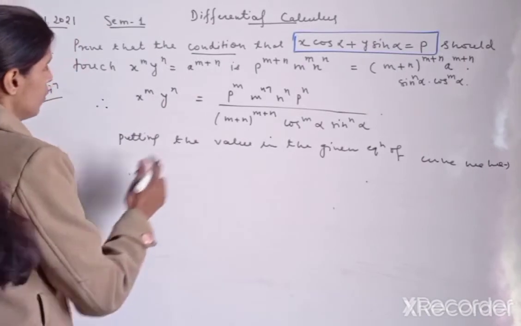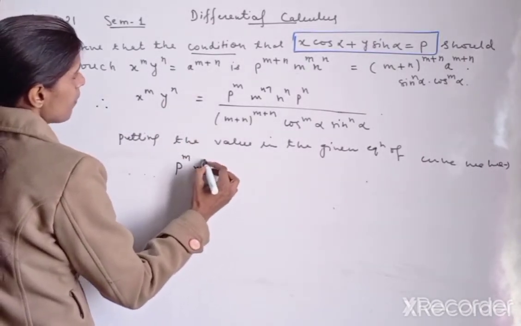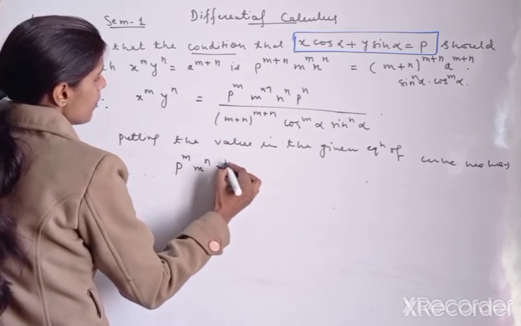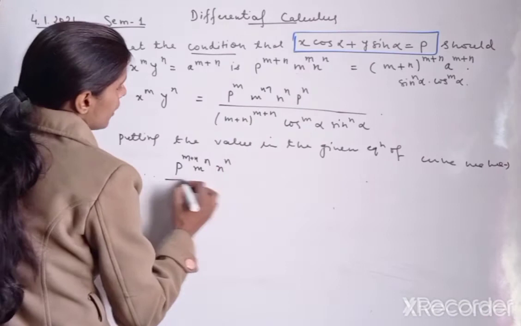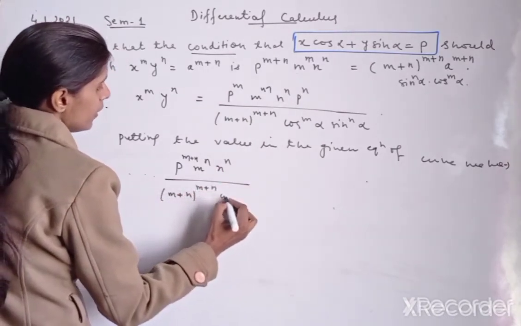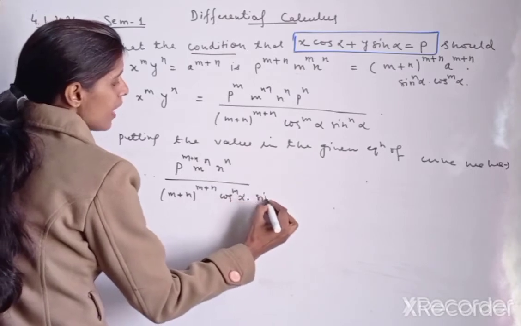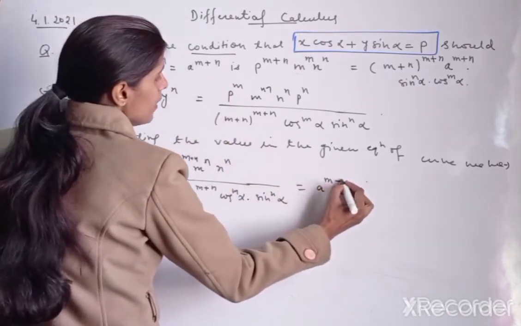Whatever you do, this will become p to the power m, m to the power m, n to the power n, and we can write it as m plus n because we have p, divided by (m plus n) to the power (m plus n), then cos m alpha, then sin n alpha, and this value becomes a to the power (m plus n).